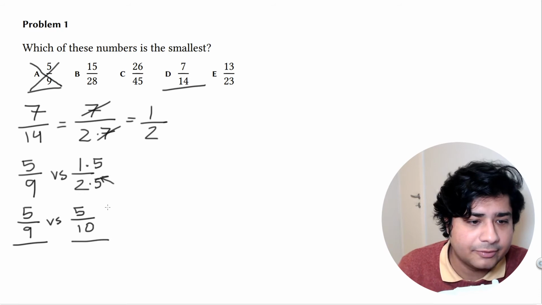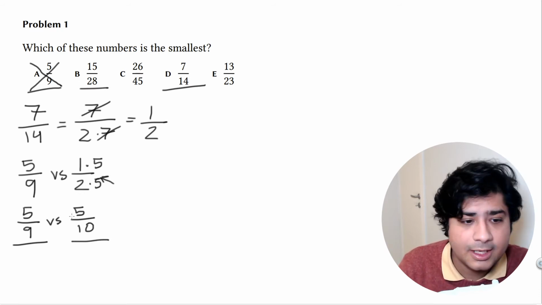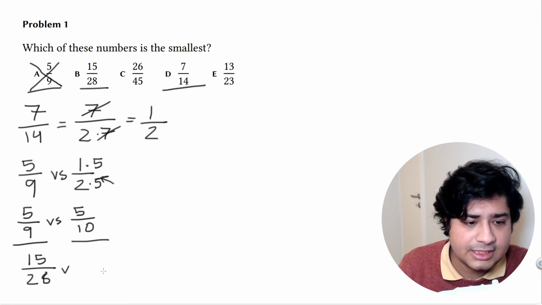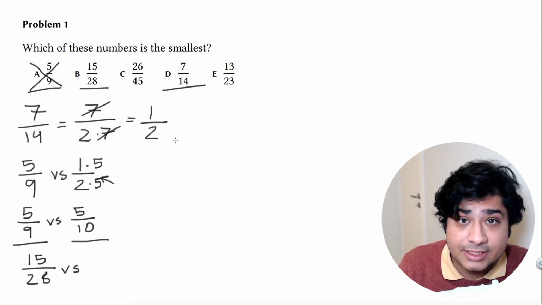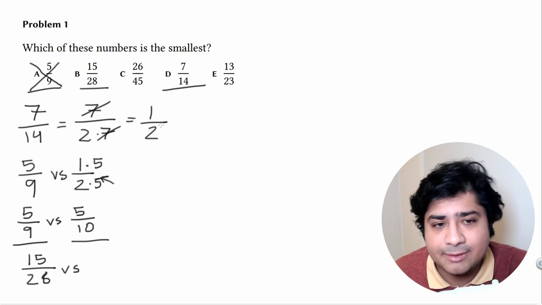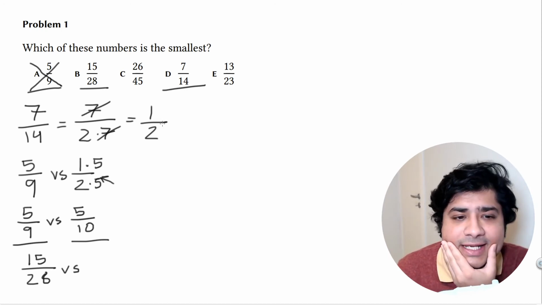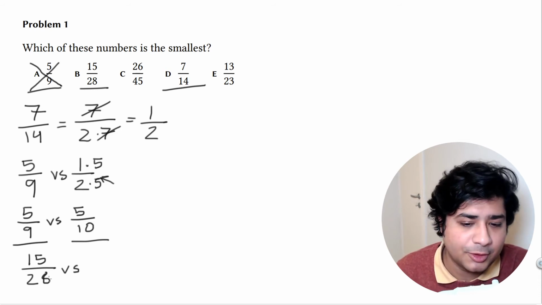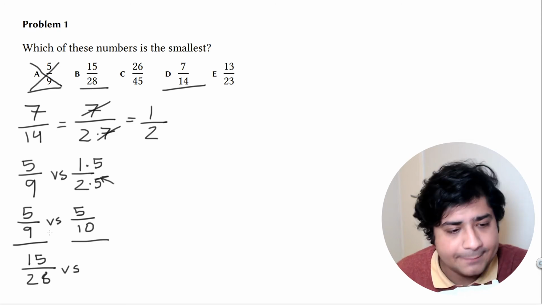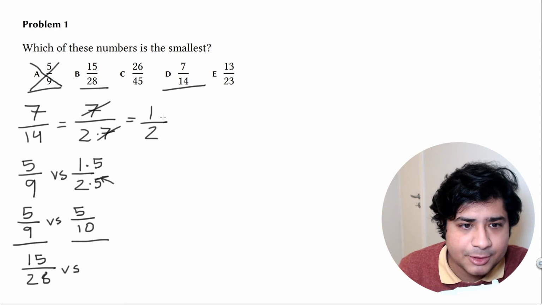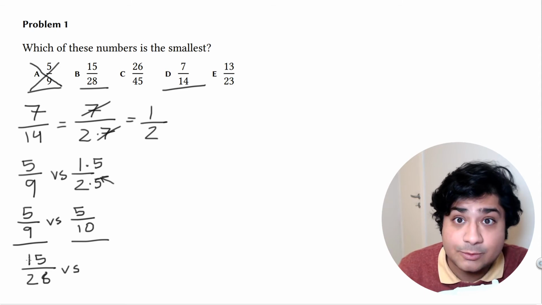All right, let's keep going. So now we have, let's go with this one. So now we have 15 over 28 versus, I'm still going to use this number, right? But before I just write it out like this, I'm going to already kind of multiply it by something first. What does it make sense to turn this into to compare it in a better way? So what I'm going to do again is make one of these numbers be the same as one of these.